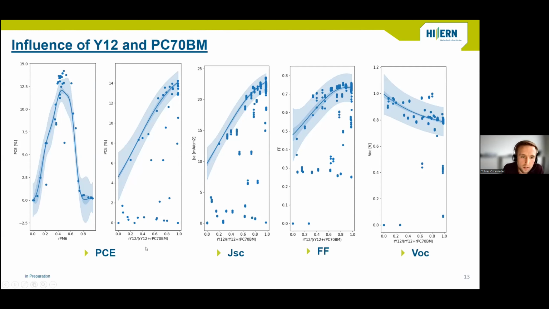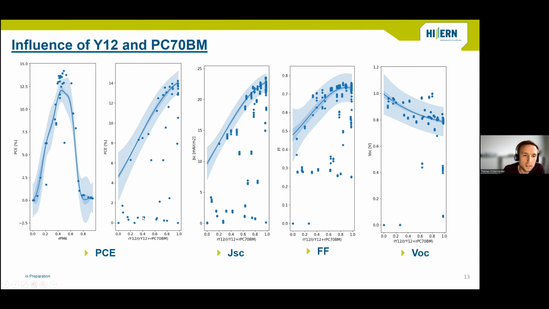On the right side we have the ratio between the acceptors, and the other 3 are the different electronic features, JSC, fill factor, and VOC, but just the influence of the PCBM Y12 ratio. We can see that for a donor to acceptor ratio about 1:1, we get the best performing cells, which is kind of expected. And we can also see that the RPM6, so the ratio of the donor, is quite important. If we don't have any acceptor, or if we don't have any donor, we don't get any working cell. So this is our most important parameter here.